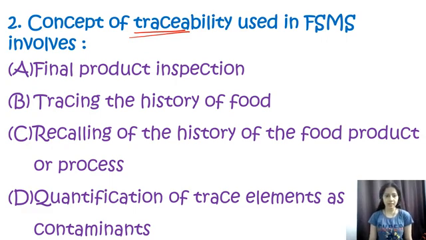So my correct option will be B, that is tracing the history of the food product, which is used in FSMS. So what is FSMS? FSMS stands for Food Safety Management System. So the concept of traceability used in the Food Safety Management System involves the tracing of the history of food. So option B is my correct option.